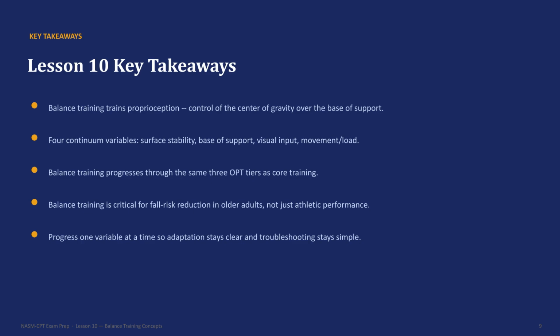Balance training is critical for fall risk reduction in older adults, not just athletic performance. And here's a practical rule worth repeating. Progress 1 variable at a time, so adaptation stays clear and troubleshooting stays simple. That rule applies whether you're programming a client session or studying this material yourself.